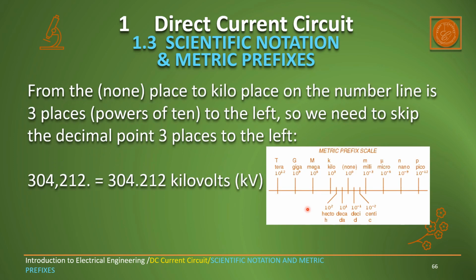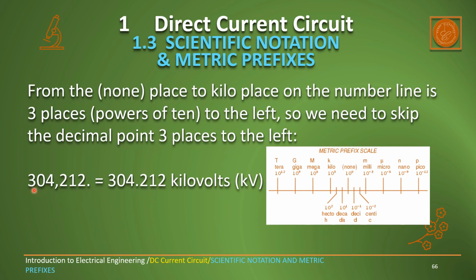From this place to the kilo place on the number line is 3 places, powers of 10. This is 10 power 0. This is kilo, 10 power 3. It's to the left. So we need to skip the decimal point 3 places to the left.